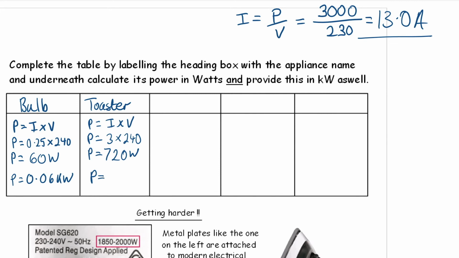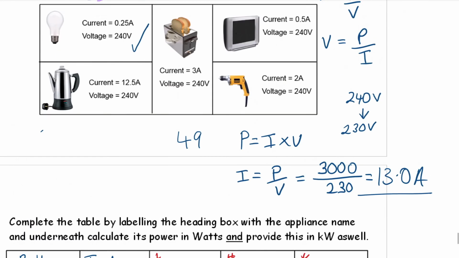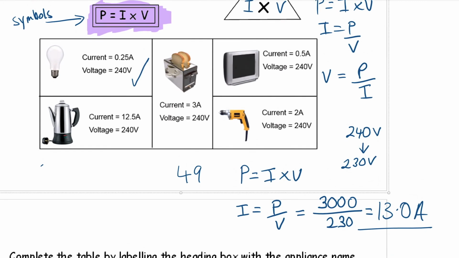Obviously you can use a calculator to make sure. Can you check that please? 720 watts, 0.72 kilowatts. The others are for you to do, and then just tick them off as you've done that.